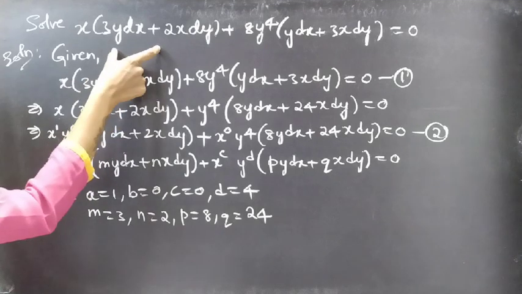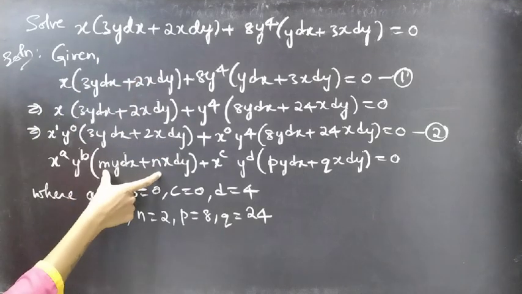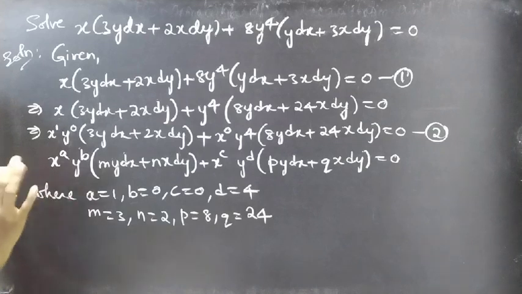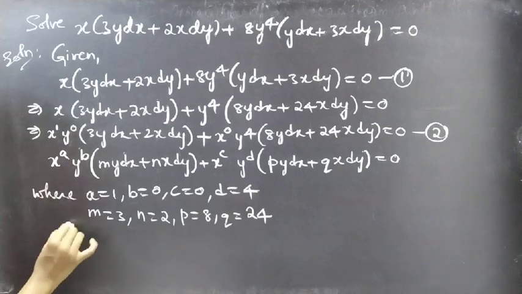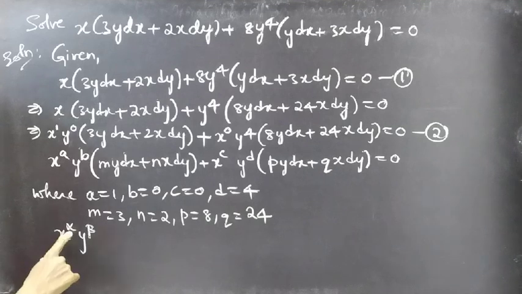Since the given differential equation can be written in this form, here we'll solve this equation using the integrating factor x power alpha and y power beta. So here we need to find alpha and beta. Okay, so I'll solve this using two methods in two different videos.